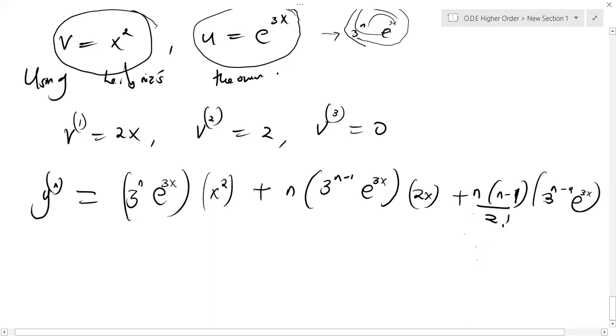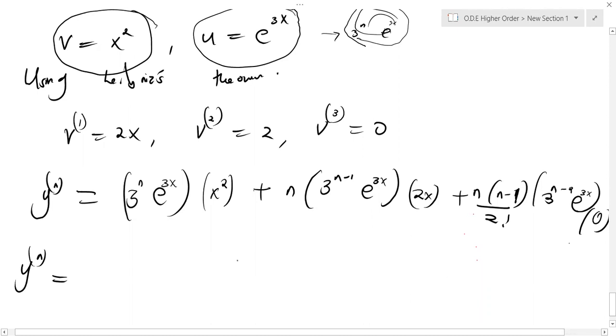This is multiplied with the value of v, in this case v3, and our v3 is what? Our v3 in this case is 0. So this is multiplied with 0. So this basically simplifies to the nth derivative of this product vu, and the whole of this is going to give us 0.